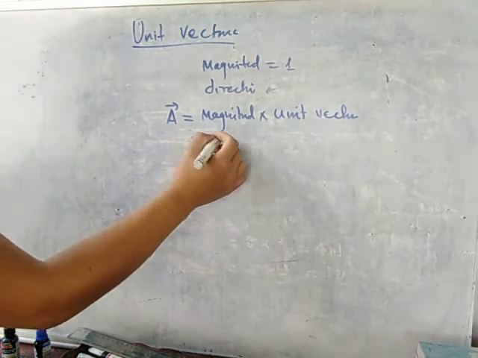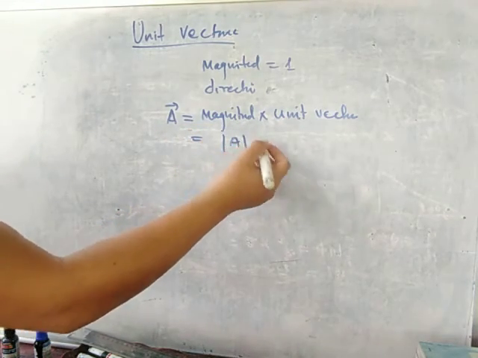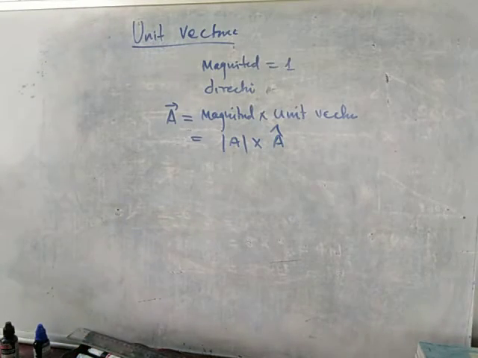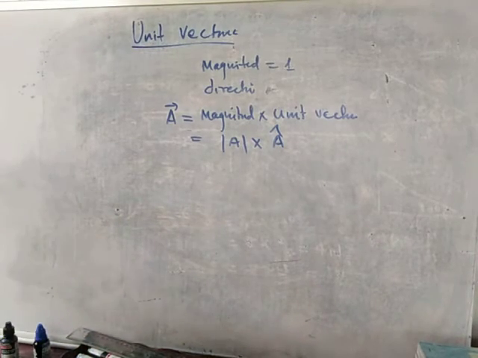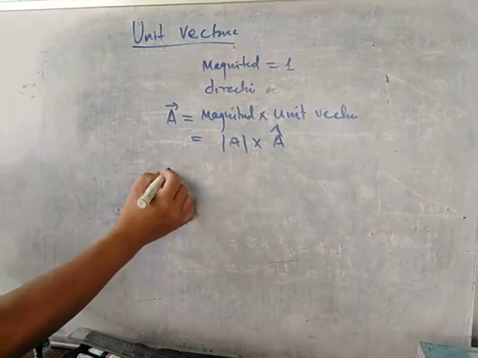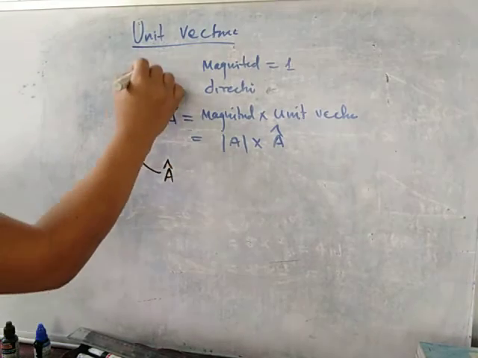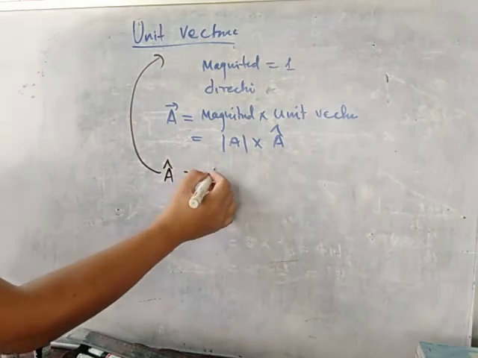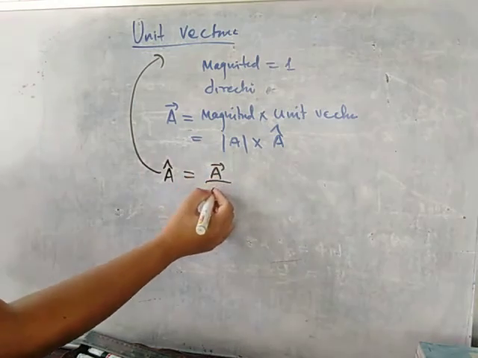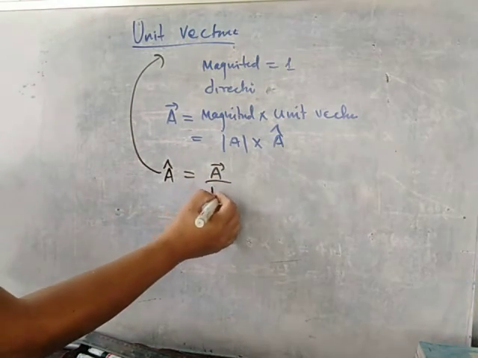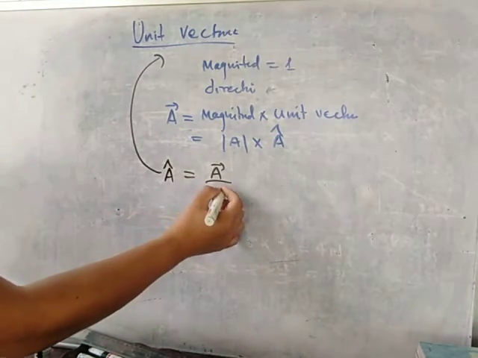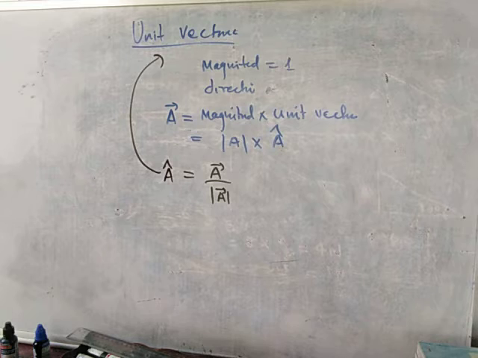So magnitude is your A and unit vector is written as A cap. Clear? So कति हुन्छ unit vector हेर यहाँबाट, A cap is called as unit vector. So A cap equals to how much? Vector A divided by mode of A, isn't it? Mode of vector A. Okay, so this is your unit vector.